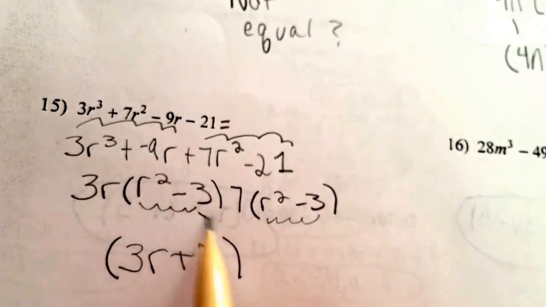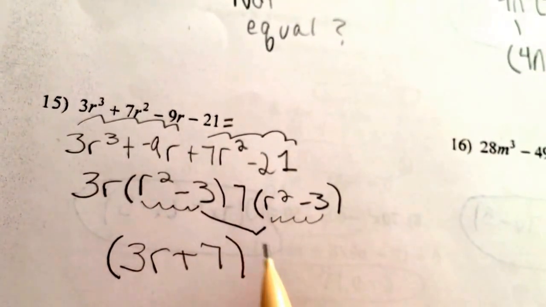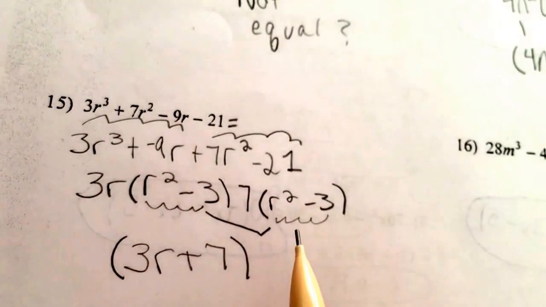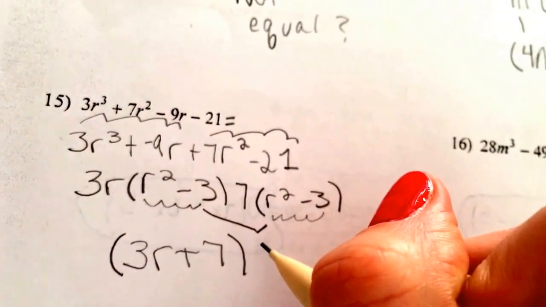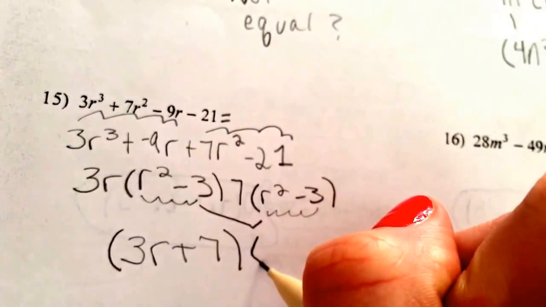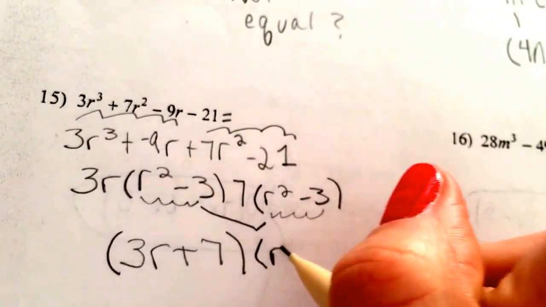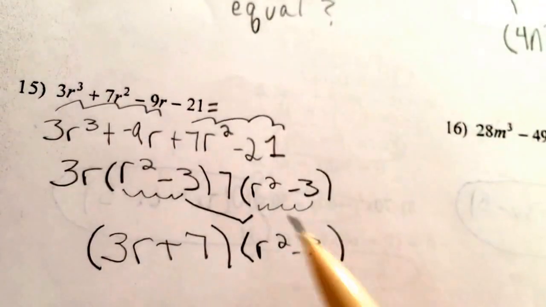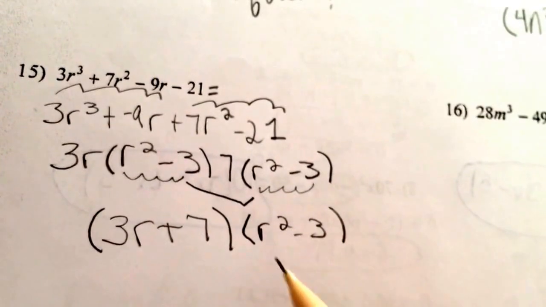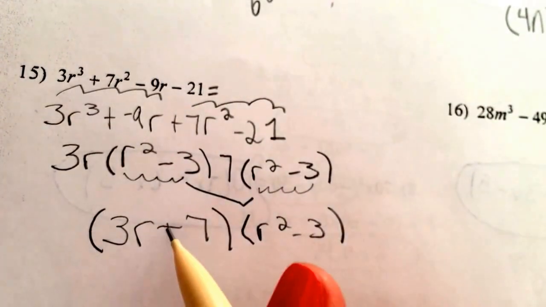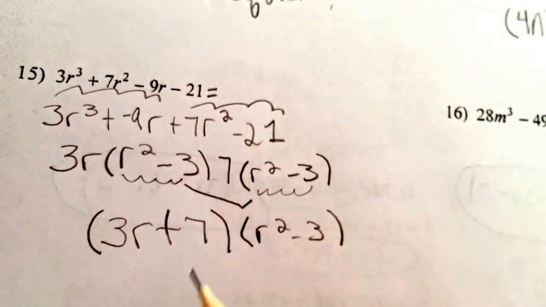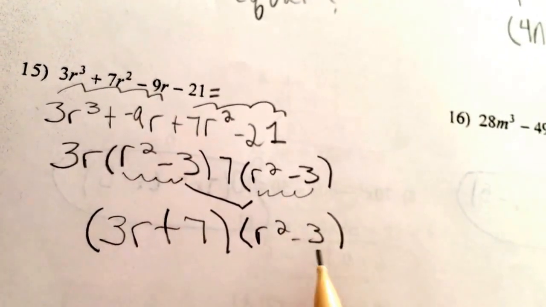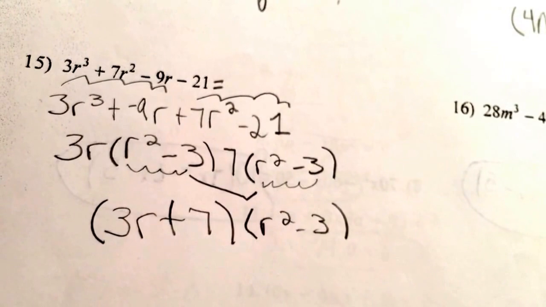And then you're going to take these two quantities inside parentheses, and because they're the same, you're going to put them in this parenthesis: r to the second minus 3. You're not going to add them or do anything, you're just bringing it down. It's all the same. So you have 3r plus 7 times r to the second minus 3, and that would be your answer.